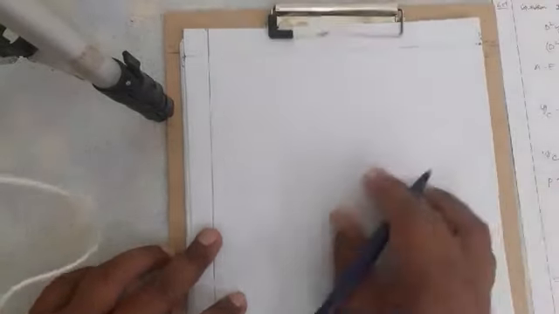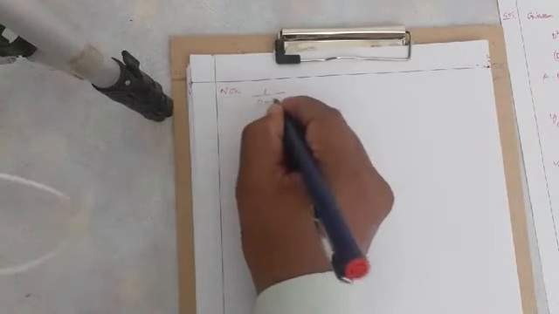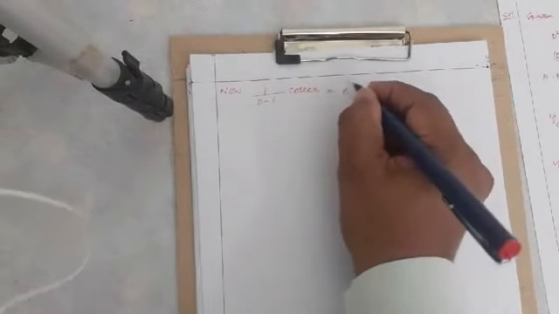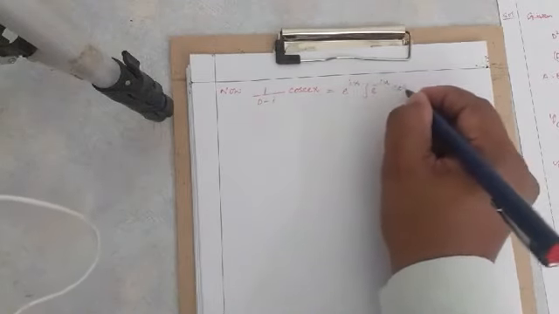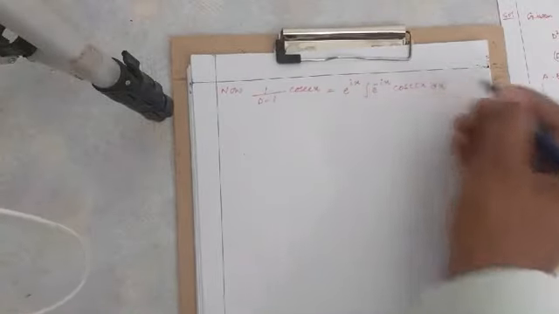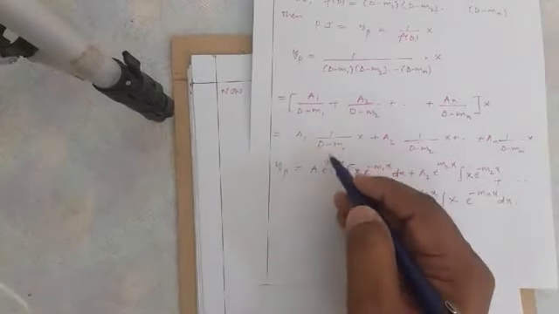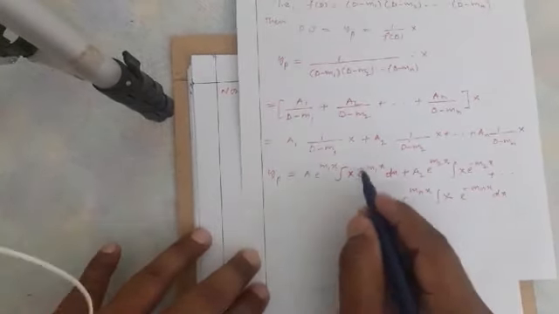For finding that term, I write here 1 upon d minus i into cosec x is equal to, now I can write this is equal to e power ix integral e power minus ix cosec x dx, because here in the procedure you have seen, when you have 1 upon d minus m1, you have to write it in this way.